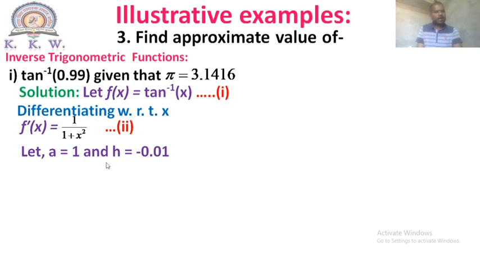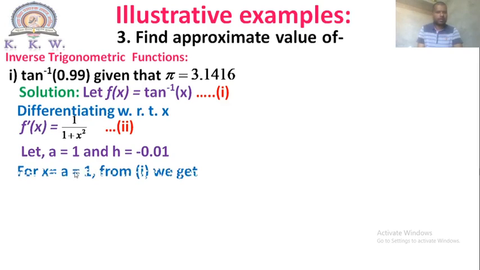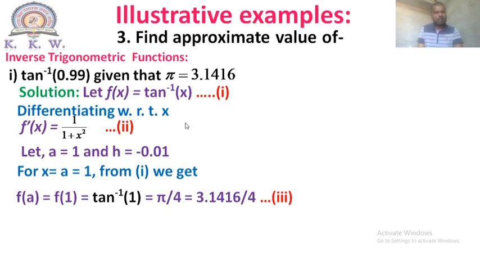Now adding A and H, we'll get this value 0.99. After putting this value x is equal to A is equal to 1 in f of x and f dash of x, we'll get f of A and f dash of A. Therefore, f of A is equal to f of 1 is equal to tan inverse 1. Tan inverse 1, you know that it is pi by 4.